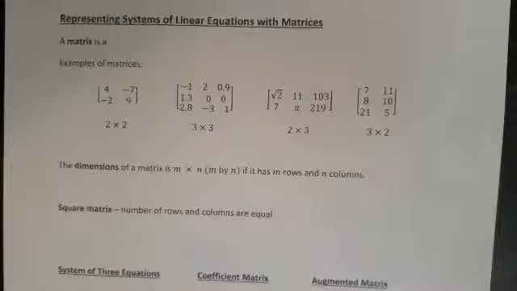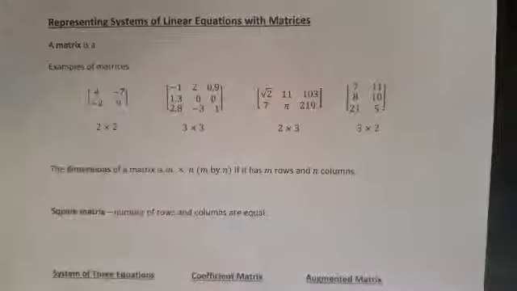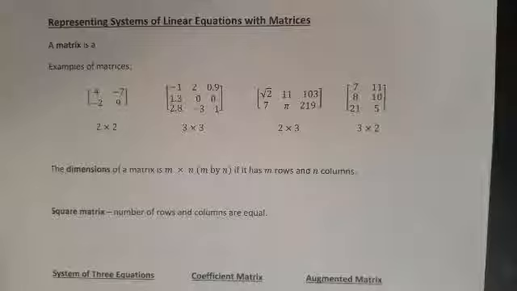So now, I'm going to sound a little bit like Morpheus, but we want to enter the matrix. So a matrix is, what is it? I think I have a book definition here.